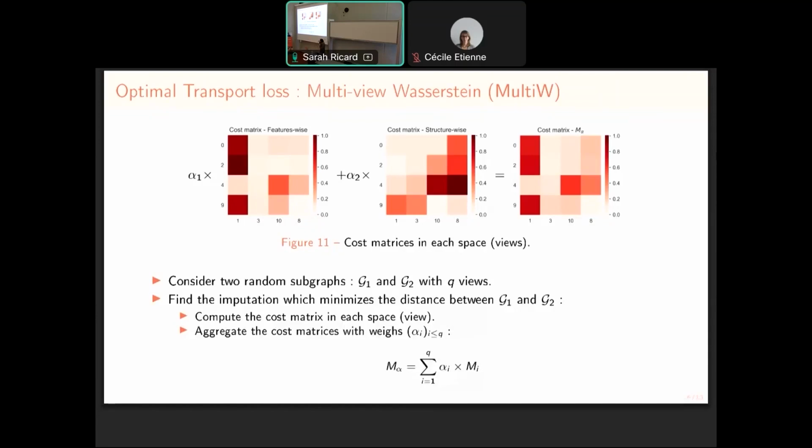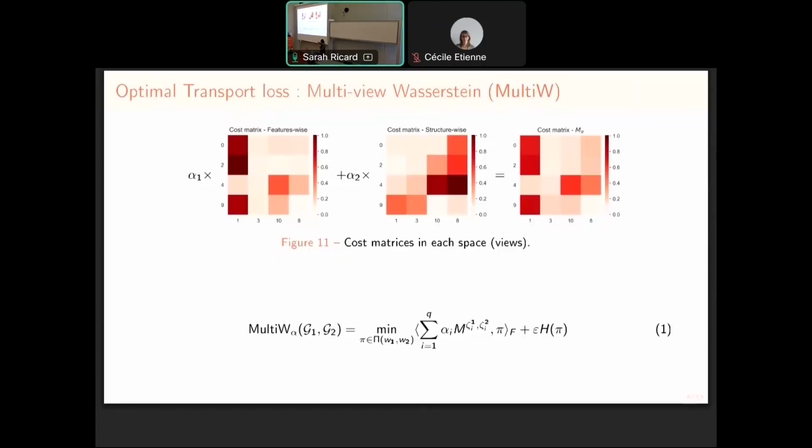Now that we have a global cost matrix M alpha, we can compute the actual optimal transport. Here what we say is that we want to minimize the transport plan between the two distributions according to M alpha, and we regularize it with an entropy in order for it to not be too sparse, to ease the computation.